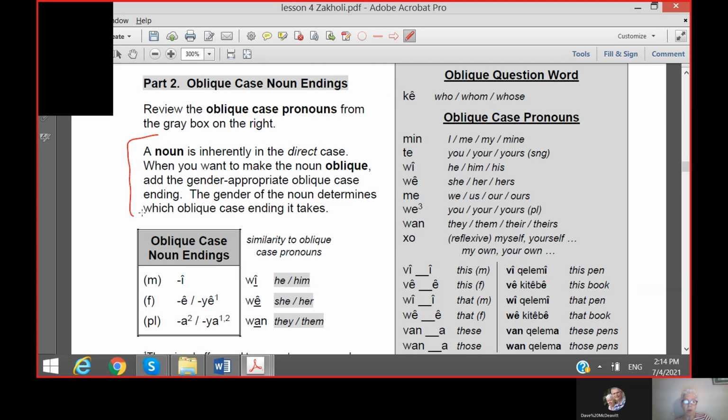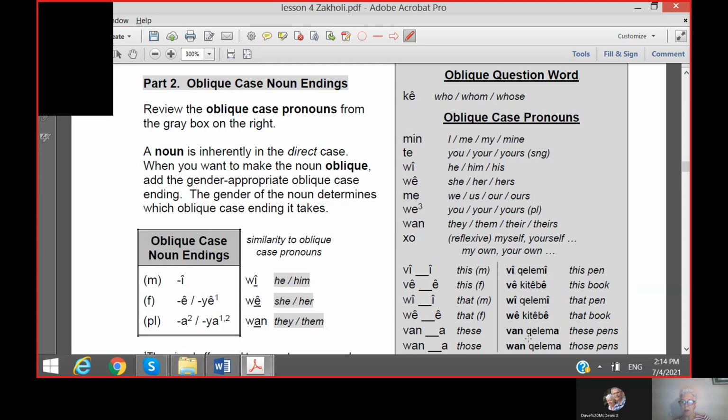When you want to make the noun oblique, you add the gender-appropriate oblique case ending. The gender of the noun determines which oblique case ending it takes. So, if qalam is masculine, which it is, then it takes the I ending. If kitab is feminine, which it is, then it takes the E ending, kitabe.